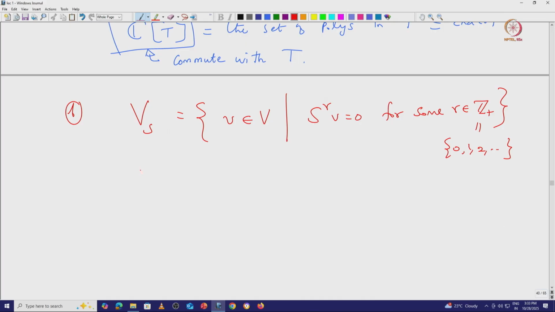And it is easy to prove that V_S is indeed T invariant.